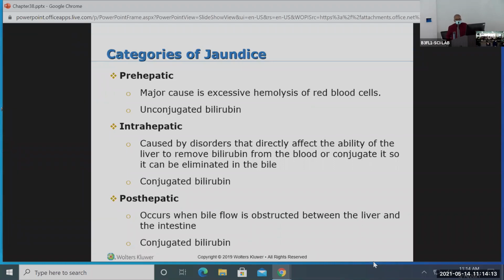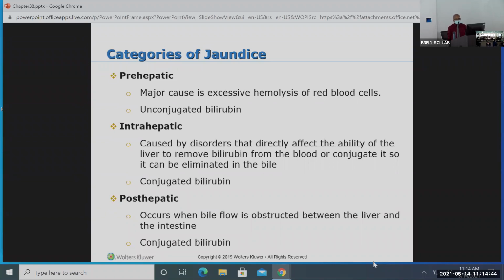That results in the blood level of unconjugated bilirubin going high. We call this hemolytic. This is called pre-hepatic. Make a note over there. We call what jaundice? Hemolytic jaundice.